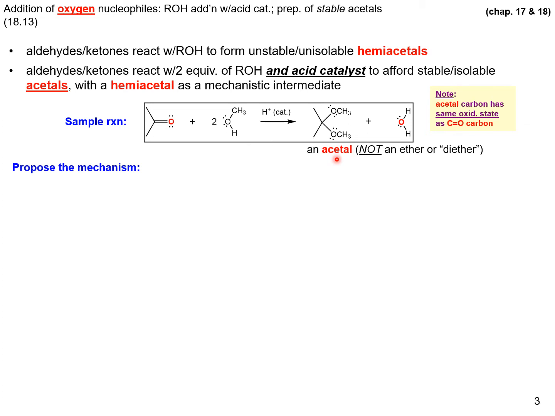So don't think of it as an ether or a diether. It's its own functional group. It's called an acetal. And notice also that this carbon, attached twice to oxygen, is the same oxidation state as the original carbonyl. The carbonyl is also attached twice to oxygen. So this is neither a reduction nor an oxidation. It's simply a functional group transformation.